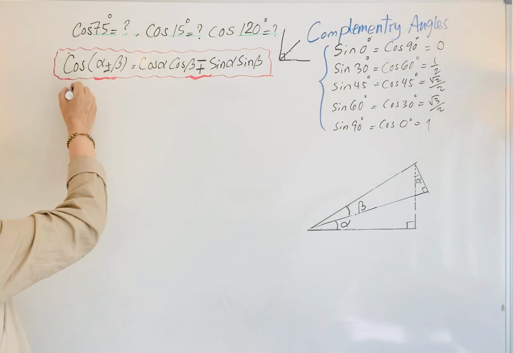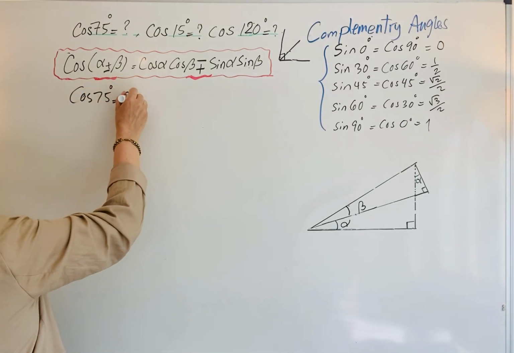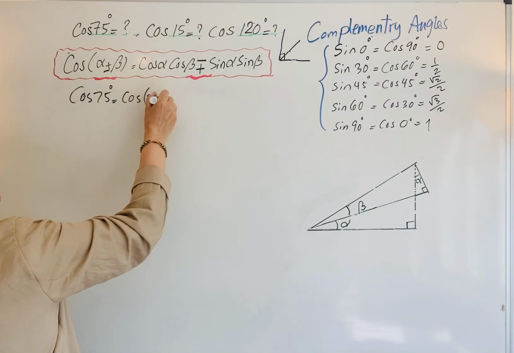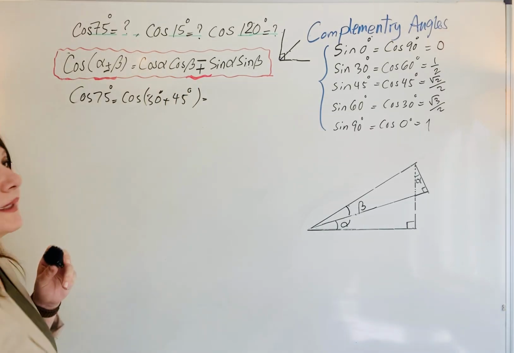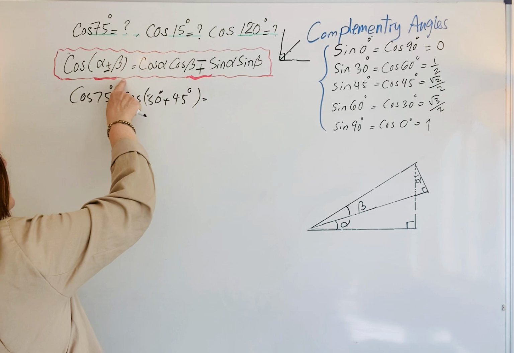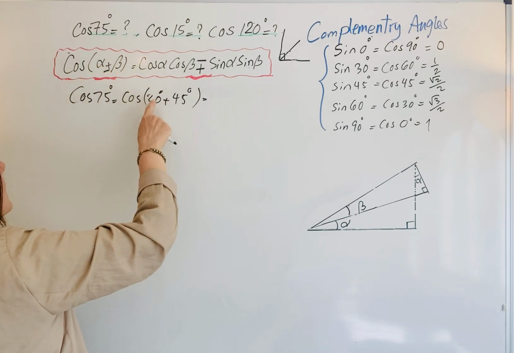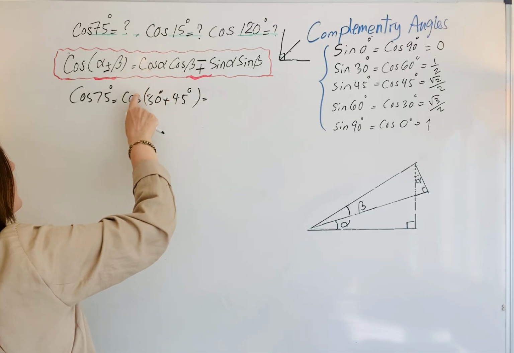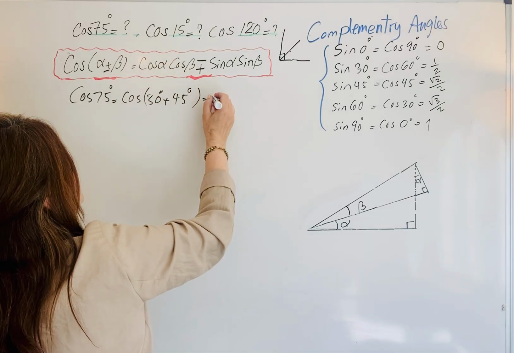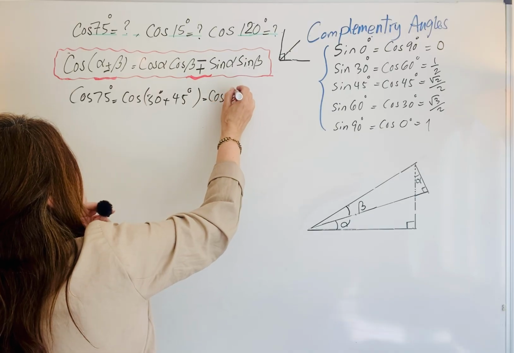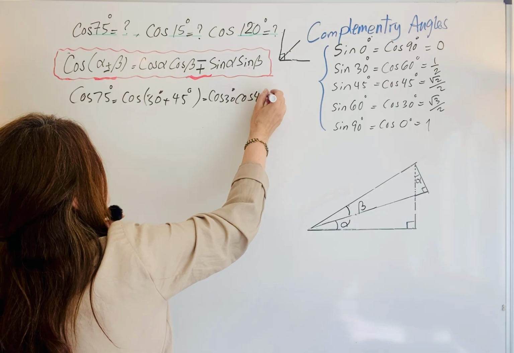So cosine of 75 is cosine of 30 plus 45. Agree? According to this formula, the cosine of the first angle plus the second angle is cosine of the first one times cosine of the second one, so cosine of 30 times cosine of 45.